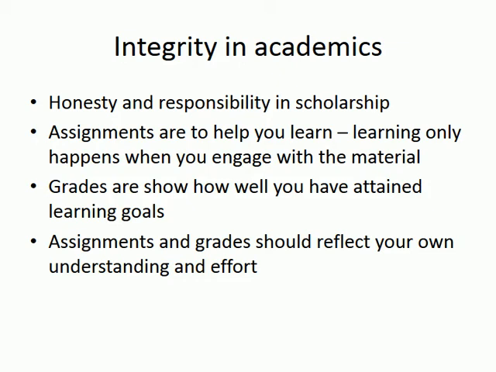All the work and all the grades should result from your own understanding and efforts. So the point is not to finish the class and get your credit. The point is to finish the class and get your credit, but learn some things and actually change the way you think.